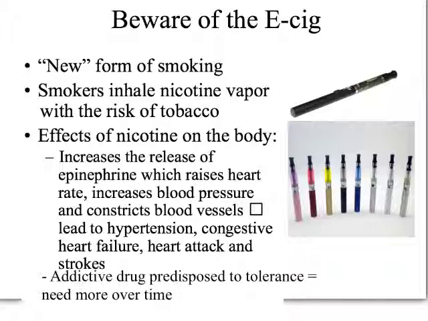What this is that instead of actually burning tobacco, which has nicotine in it, basically you can buy straight up nicotine and put it in one of these, and it gets vaporized, and so you inhale just the nicotine without all the tobacco and all of the other nasty stuff that is in regular cigarettes.